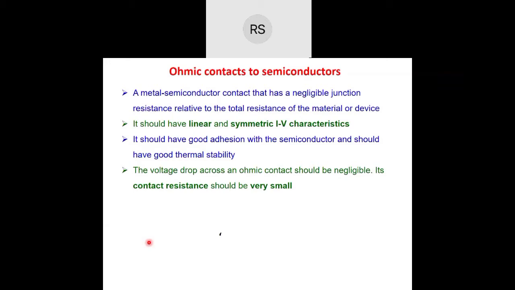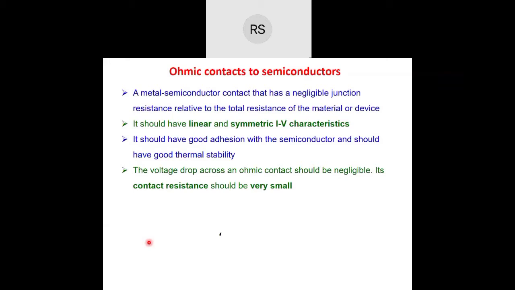But I also want to put current inside this semiconductor device and take it out without disturbing the device behavior. It means these contacts should be linear. These are specific types of metal semiconductor contacts, which we call ohmic contacts.